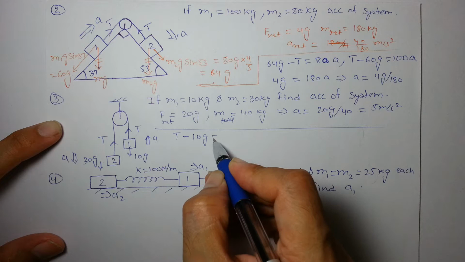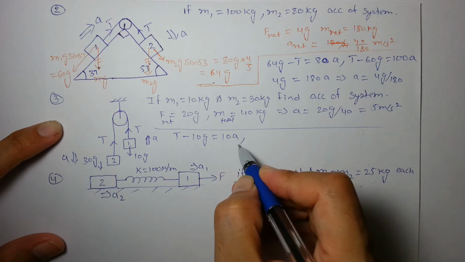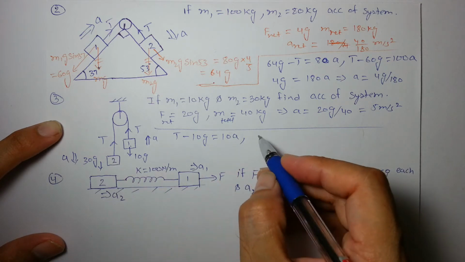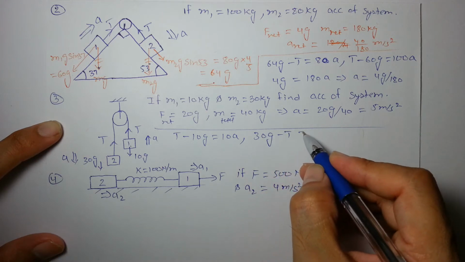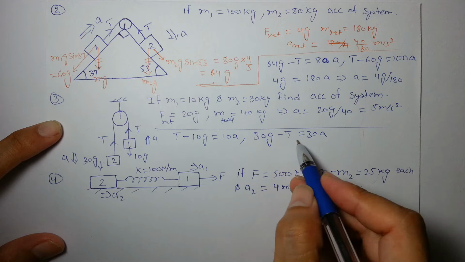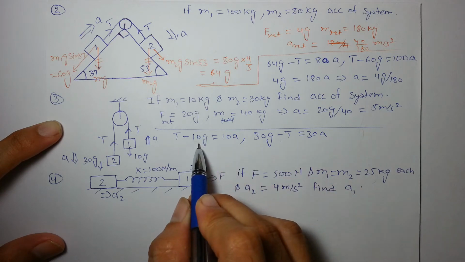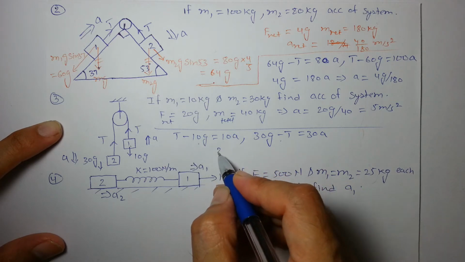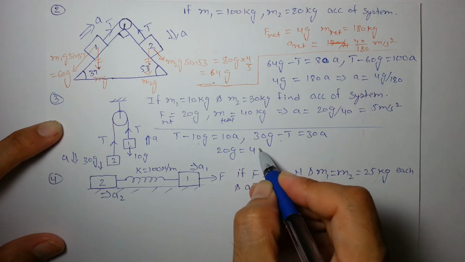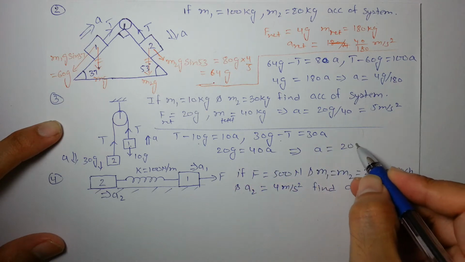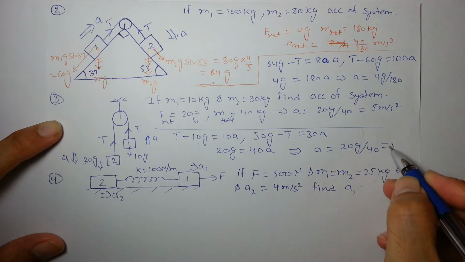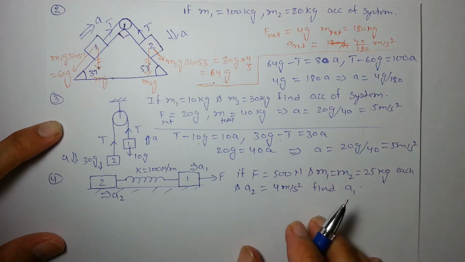T minus 10g is equal to 10a, and similarly 30g is winning because it is moving downward: 30g minus T is equal to 30a. By adding these two equations, I can eliminate T and will be left with 20g is equal to 40a. So again a is 20g by 40, which is 5 meter per second square.